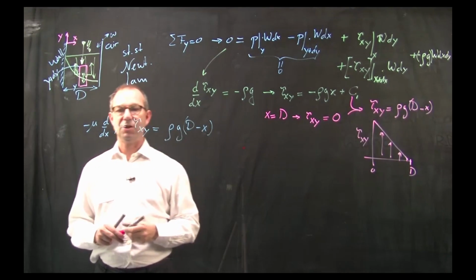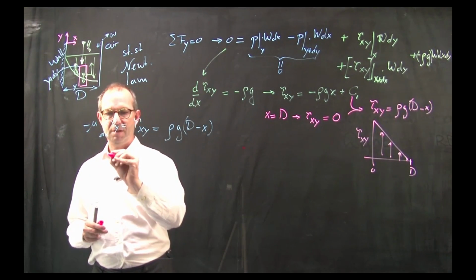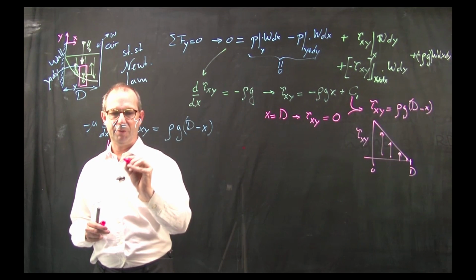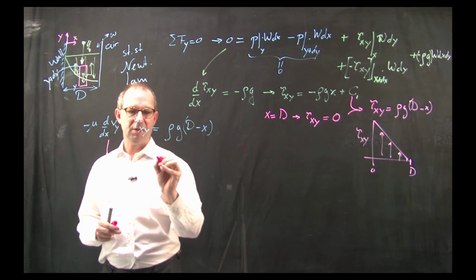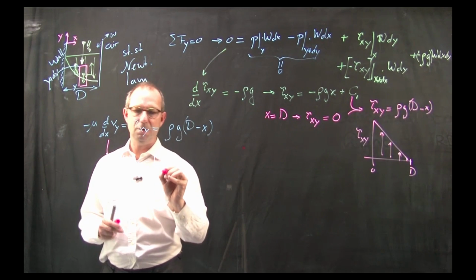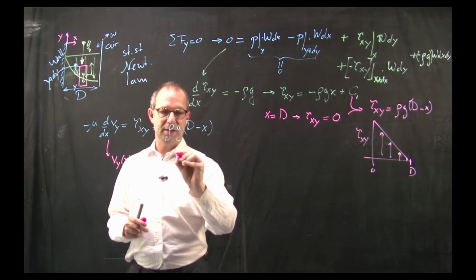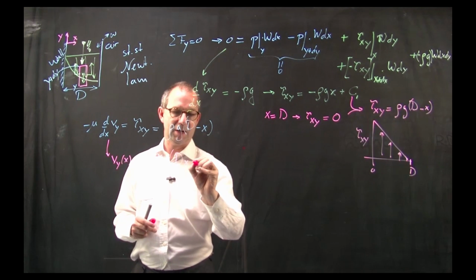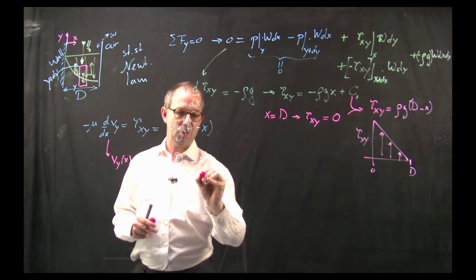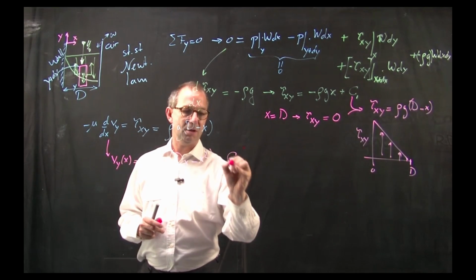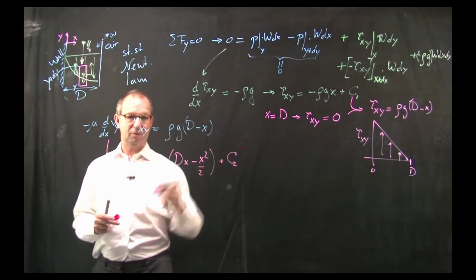Minus mu goes to that side, and I integrate. So I get Vy as a function of x is minus rho g over mu, integrating d is dx, integrating minus x is minus x squared over 2, plus a second integration constant, because I've been integrating.